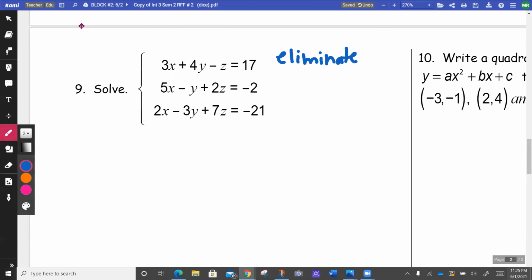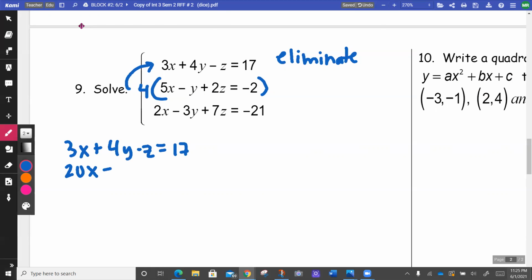So I'm going to take this equation, times it by 4, and add it to this. So I'm going to keep the 3x plus 4y minus z equals 17. I'm timesing the second equation by a 4. And so I get 20x minus 4y plus 8z is equal to negative 8.